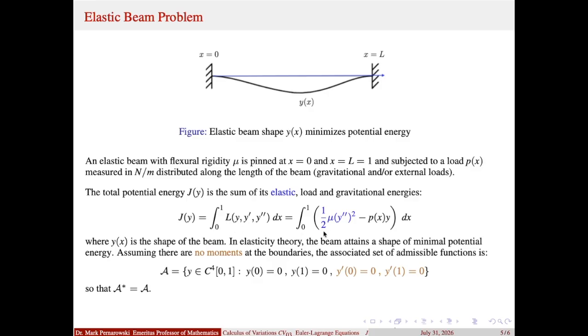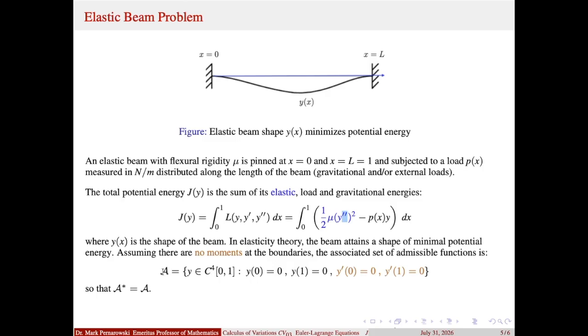Again, this blue thing, we're going to accept it. So the total potential energy, J of y, is given by this double integral, which has a second derivative, and the second derivative is proportional to the curvature of the object. The more curvature there is, the more elastic potential energy there is.